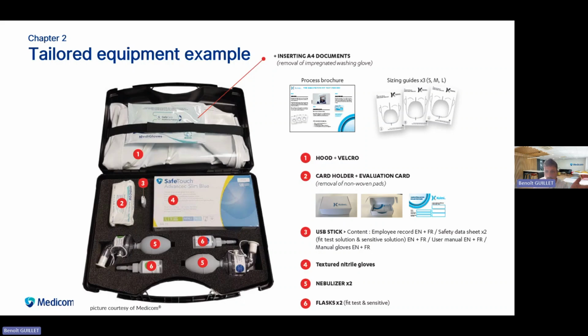You can also have card holders and an evaluation card at the end of the test. So it's only an example. What is very important to understand is that the reliability of the test depends less on the complexity of the equipment, but more on the consistency of the protocol. Good operator technique is absolutely critical.